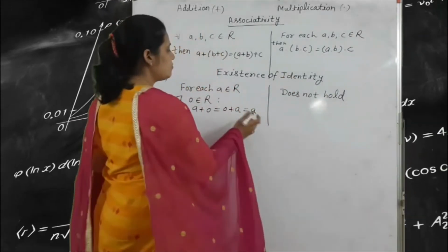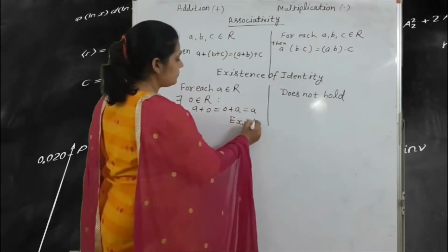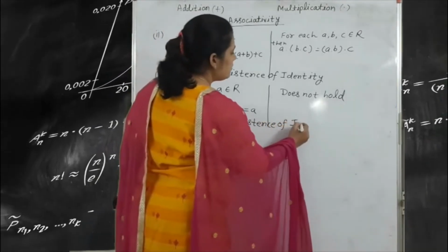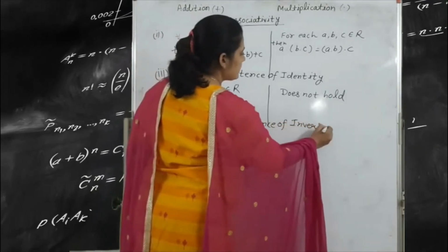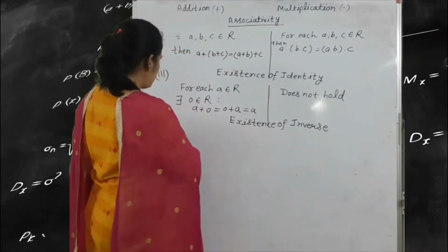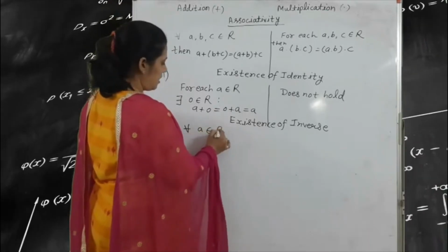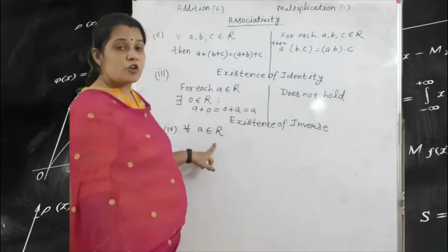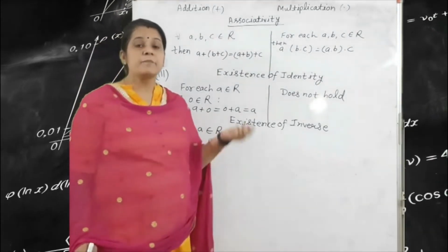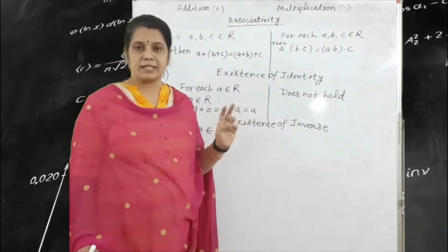Okay. Fourth is existence of inverse. Okay, so existence of inverse, that means what? For all A belongs to R. If we consider an element, and for example this is a plus operator, we are given plus operator in our question.